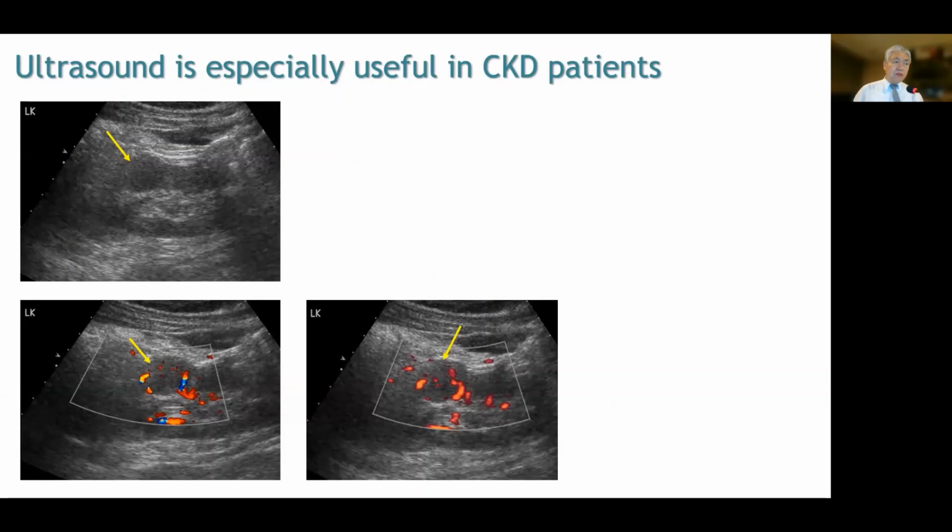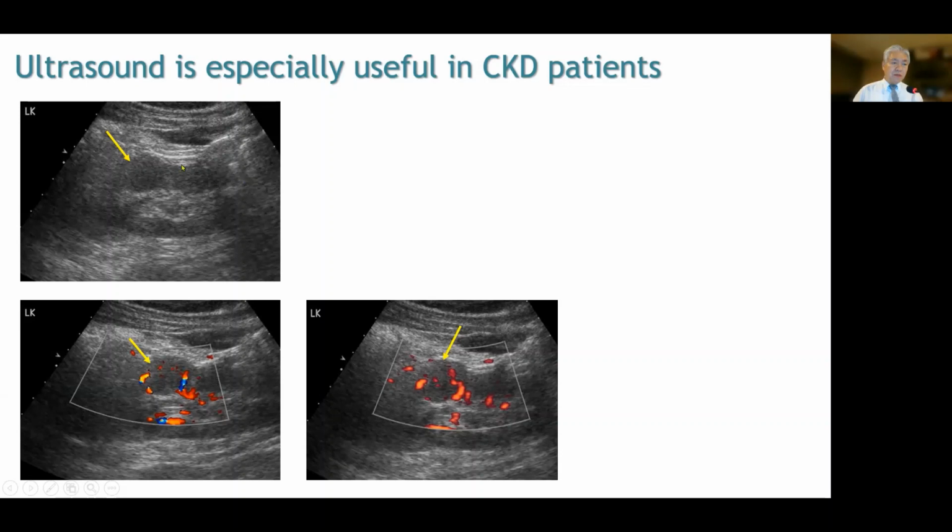Next thing I want to mention is that the ultrasound is especially useful in chronic kidney disease patients. The most common mass-like lesion in chronic kidney disease patients are pseudotumors caused by focal hypertrophy between atrophic parenchyma.